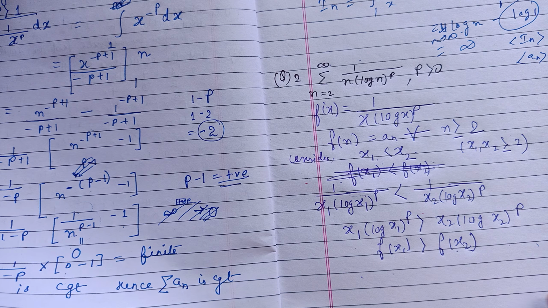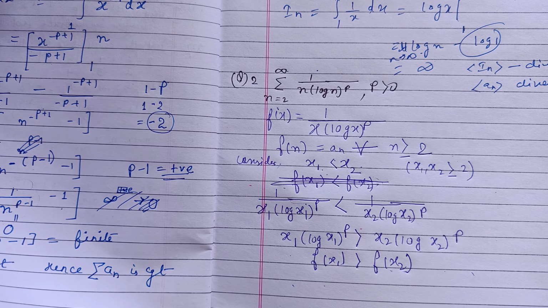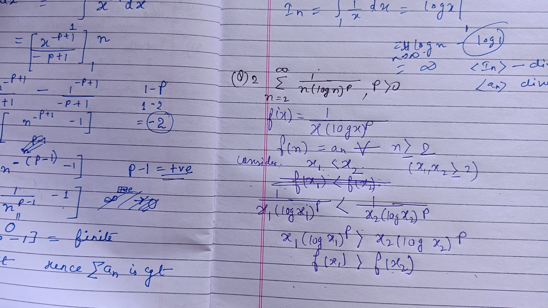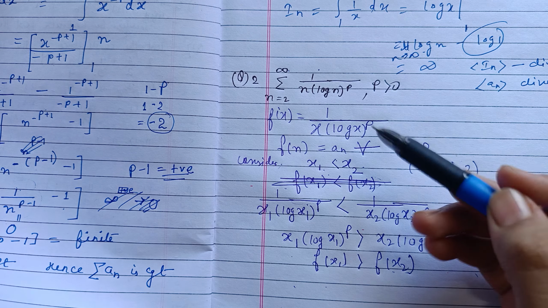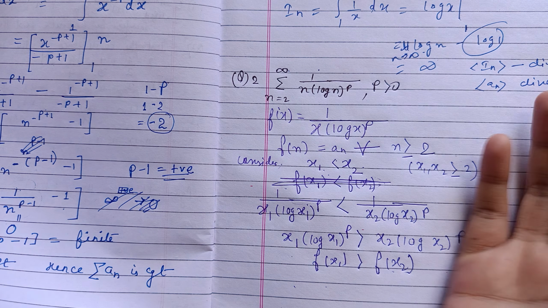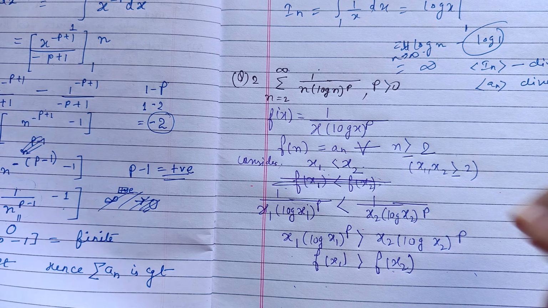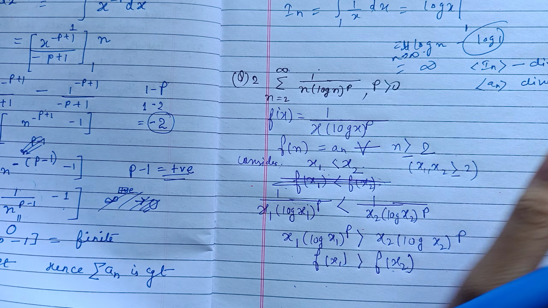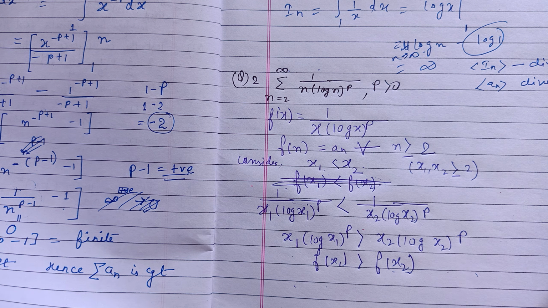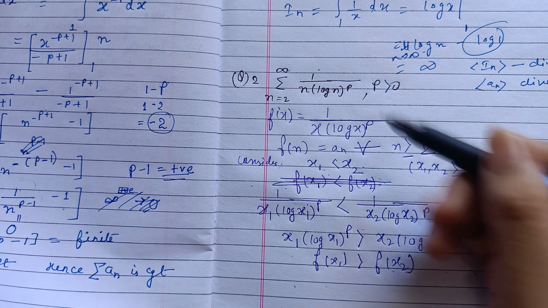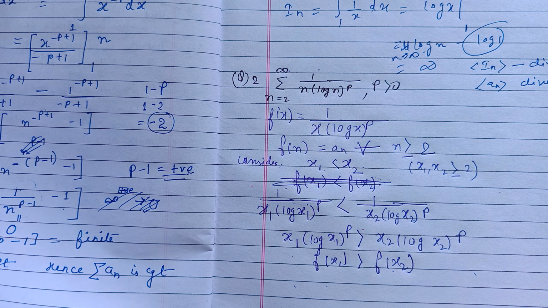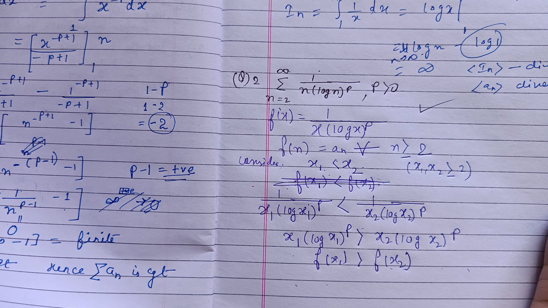So why are we doing this? Because, my dear students and friends, we are solving for Cauchy's integral test. We have to satisfy three conditions. First, that it is positive. Yes, it is a positive term series, there is no doubt in this. Check mark. Second, we have to see that this is monotonically decreasing.